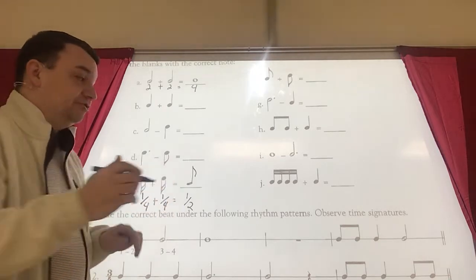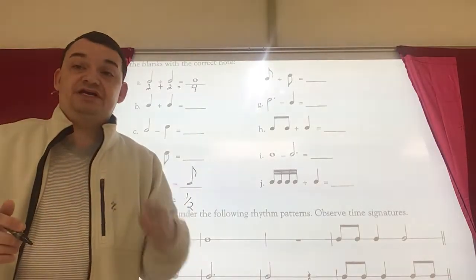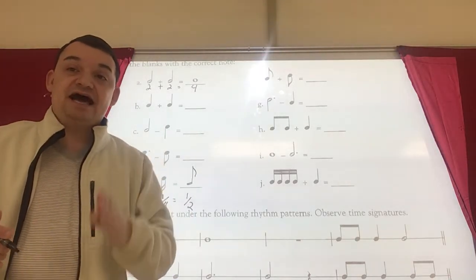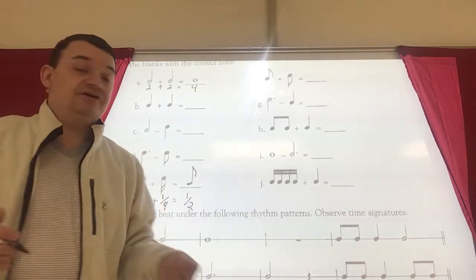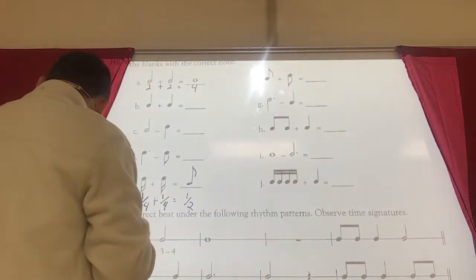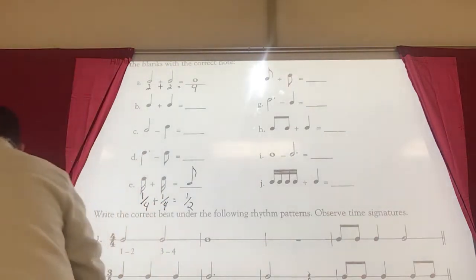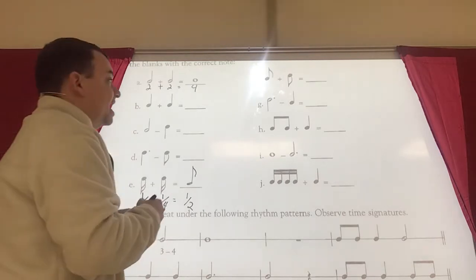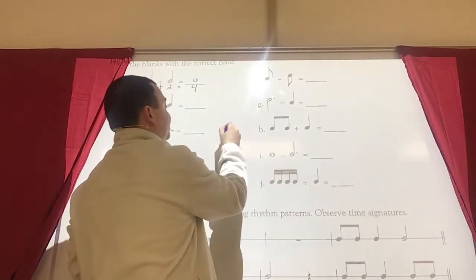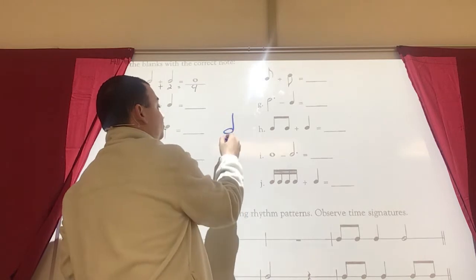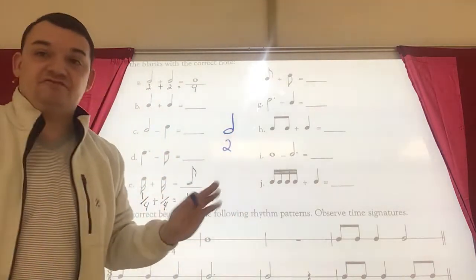Also remember, when you add a dot to any note, it adds half of the note's original value. So let's take, for example, a dotted half note. A half note is worth 2 beats by itself. We all know that.